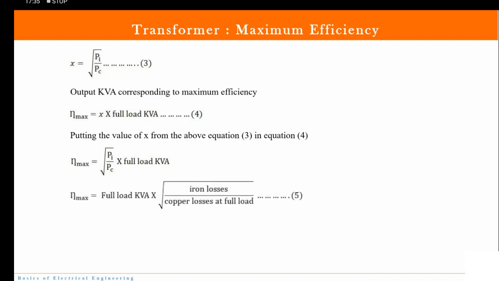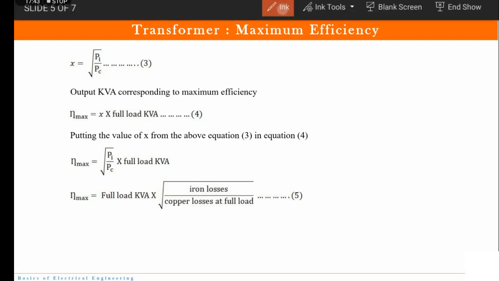So when we put this value, the maximum efficiency comes out to be this. So we have to remember this equation: that maximum efficiency will be full load kVA multiplied by the square root of iron loss upon copper loss at full load. Okay, I hope this is clear to you.